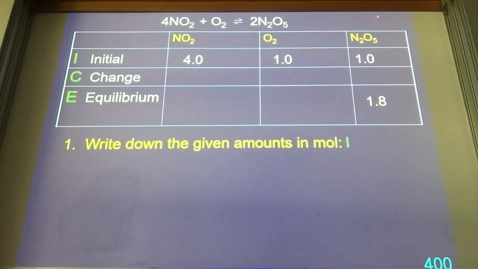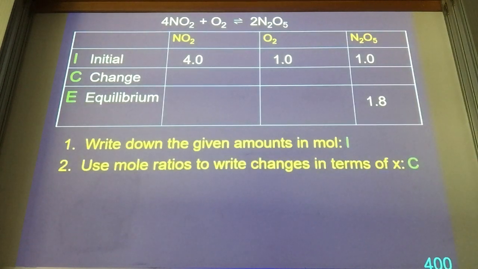How much N2O5 was present at equilibrium? Now we can see from that exactly how much N2O5 was produced. So if 0.8 of a mole of N2O5 was produced, then we can work out the O2 and the NO2.